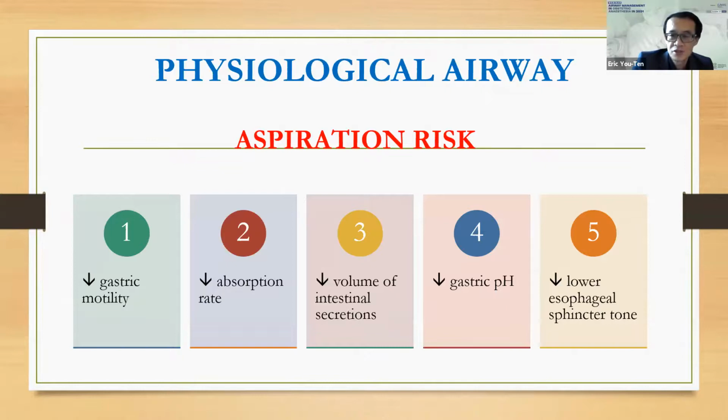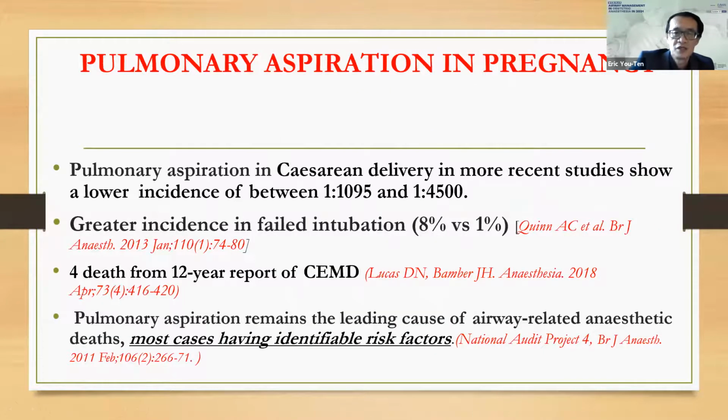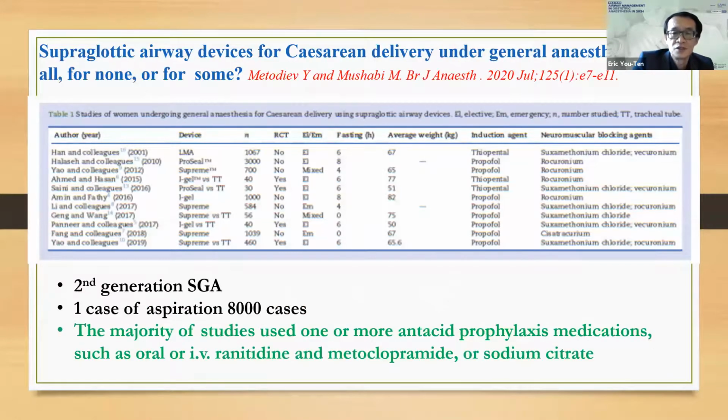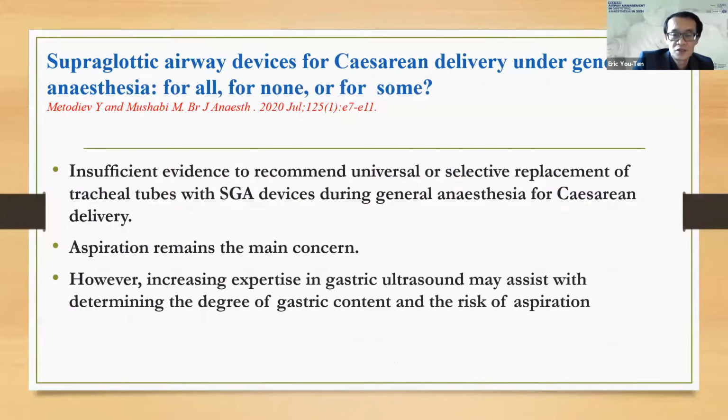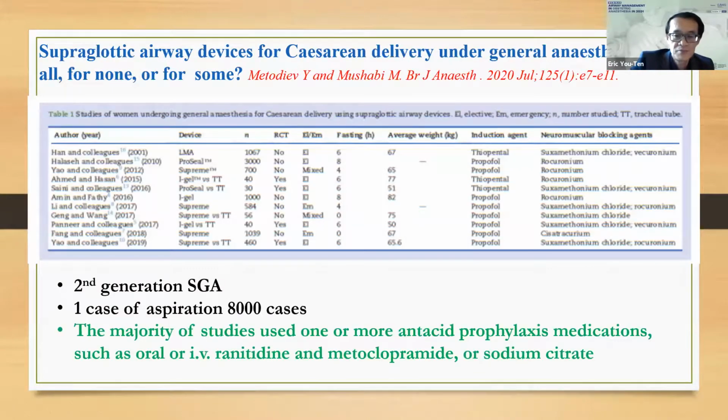This is the aspiration risk that Mary mentioned. They have a higher rate of failed intubation, and the NAP4 study demonstrated that aspiration was the leading cause of death. The question is, as Mary said, there's not enough evidence to show that a second generation airway device should be used as a first device compared to the tracheal tube. As a rescue technique, I think it should still be within our backup plan.